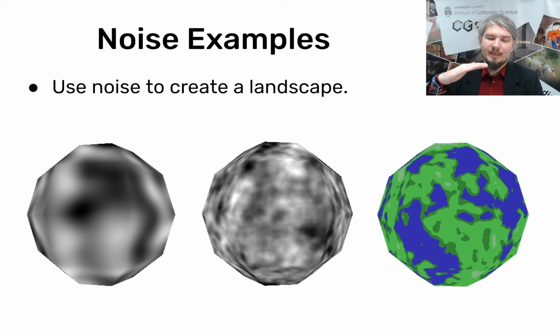So if your noise has larger values than 0.7, then that's going to be land mass, and everything below 0.7 is going to be water. And maybe everything above 0.8 is going to be lighter green, and everything above 0.9 is going to be higher, let's say, mountain peaks. Maybe you put some white color there to represent snow, and so on.